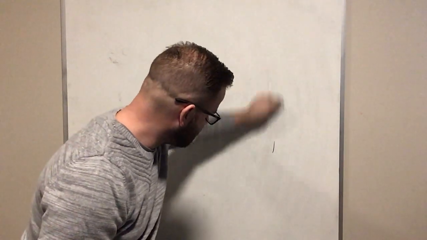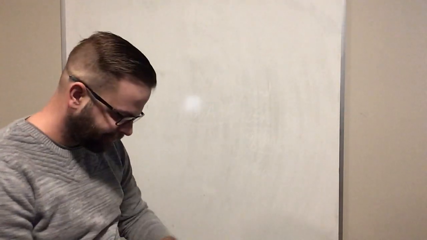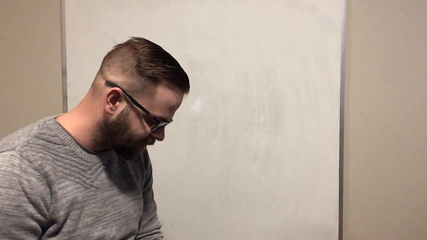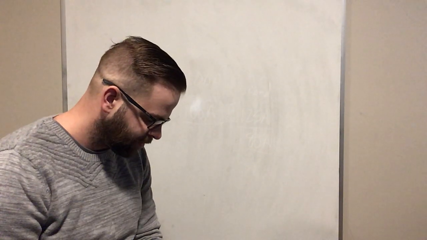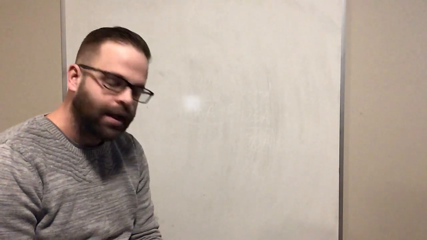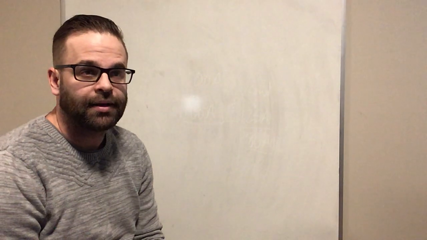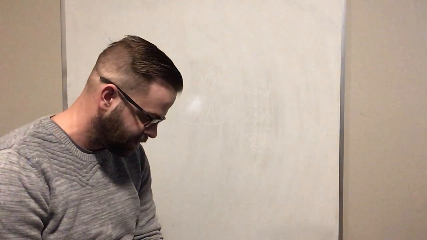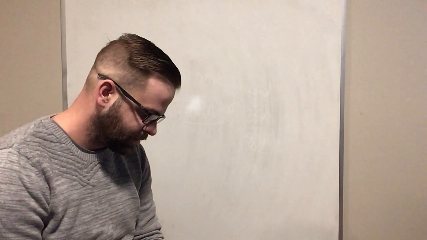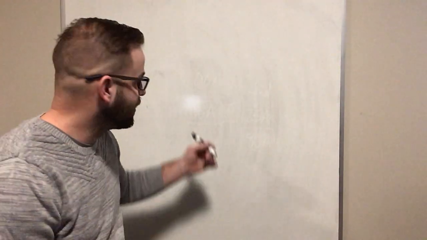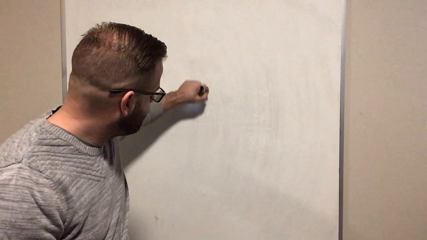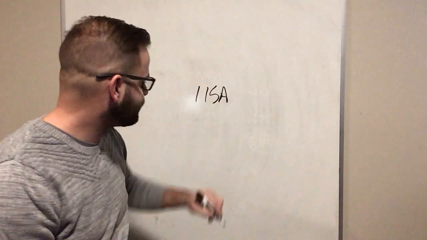Okay, so let's go on to number 2, and I lost my whiteboard eraser, so I'm just using a little piece of paper towel here. All right, so number 2: the calculated load in a circuit shall not exceed the ampere rating of the circuit. So let's say I calculated what my circuit load needed to be, and I realized that I needed 115 amps.